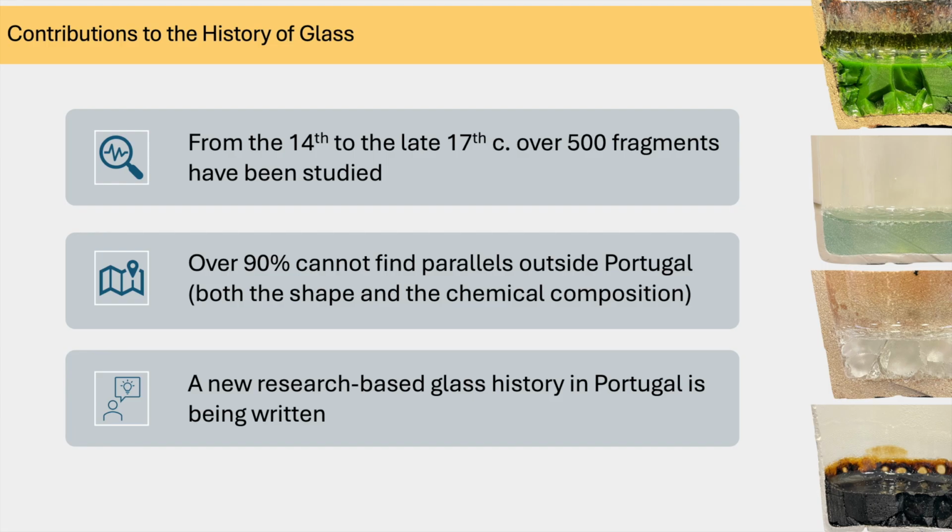So across different epochs, our focus remains the same: to understand how knowledge moves, how materials shape meaning, how craft mediates identity, and how can we preserve these objects together with the embodied knowledge and the social worlds they carry.